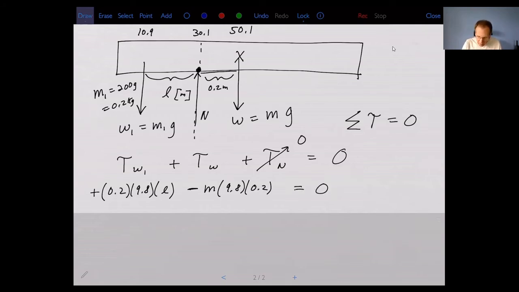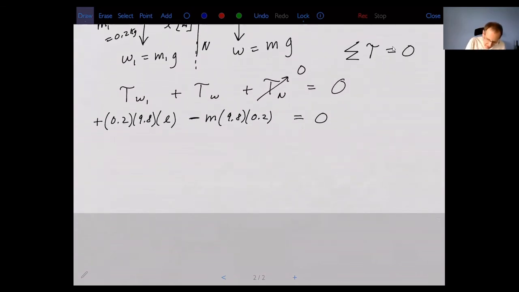All right, so remember, you're going to know what L is. You have to compute L, so you can plug in L. Again, make sure it's in meters.